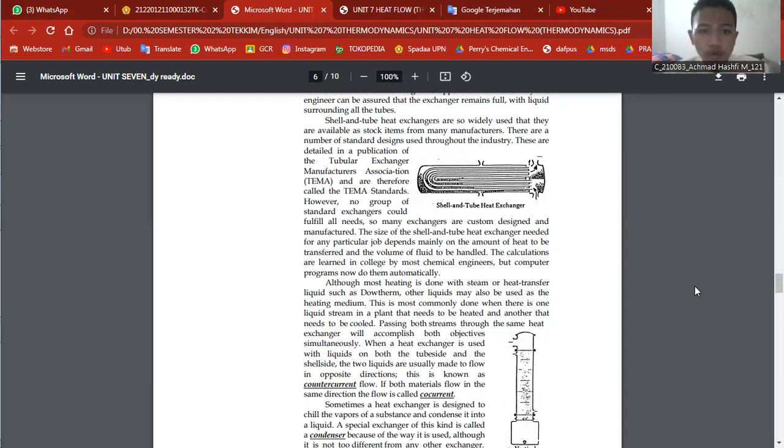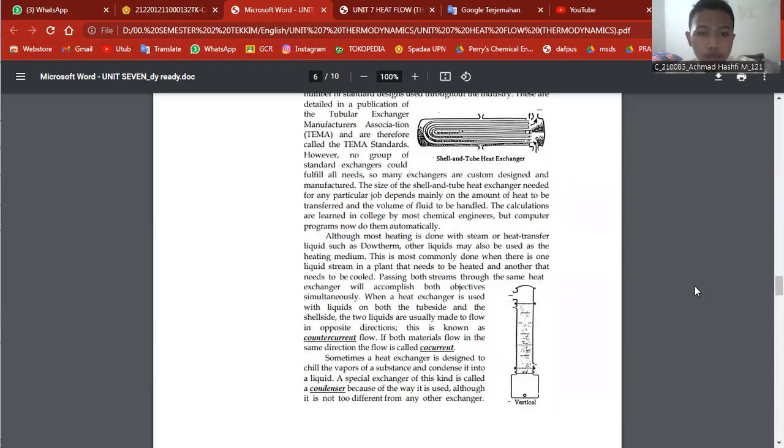There are a number of standard designs used throughout the industry. These are detailed in the publication of the Tubular Exchanger Manufacturers Association, or TEMA, and are therefore called the TEMA standards. However, no group of standard exchangers could fulfill all needs, so many exchangers are custom designed and manufactured.